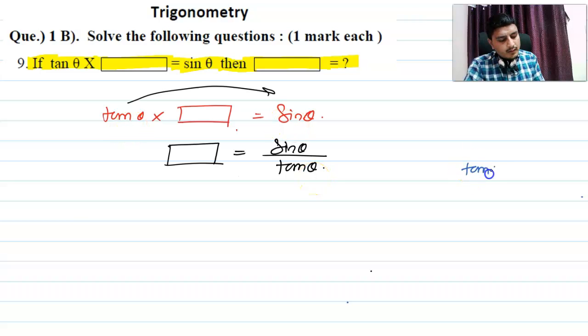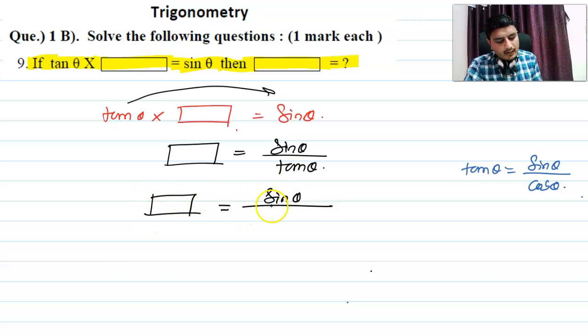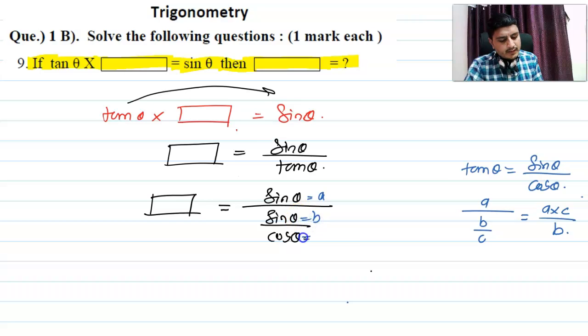Now we know tan of theta equals sin theta upon cos of theta. So the value of the box is sin of theta divided by tan of theta, which is sin theta upon cos of theta. So it is of the form a divided by b by c. We can write it as a into c divided by b, where a equals sin theta, b equals sin theta, and c equals cos theta.